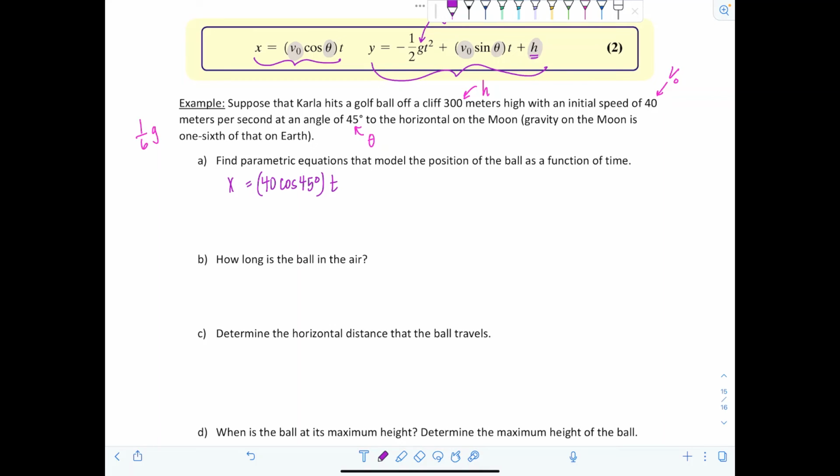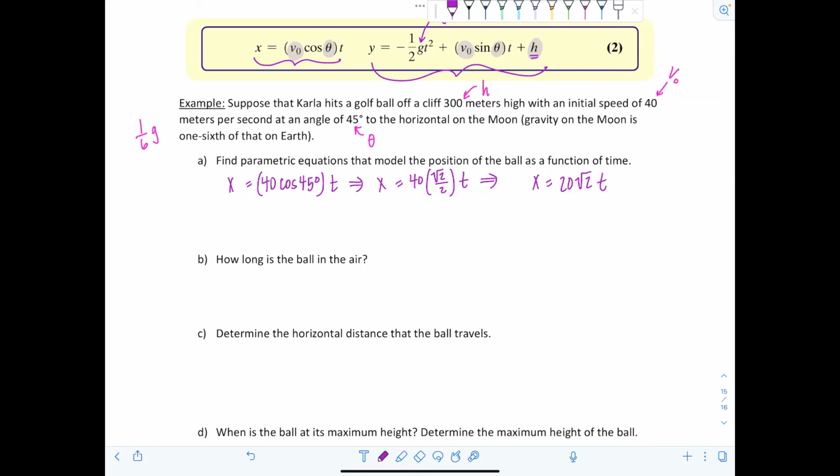I don't know how your professor feels about rounding, so I'm just not going to round and keep things really pure and exact, and then if they let you, go for it. Cosine 45 we know is rad 2 over 2. So x equals 40 rad 2 over 2 times t. So we have x equals 20 rad 2 times t. If they let you round, then you can round.